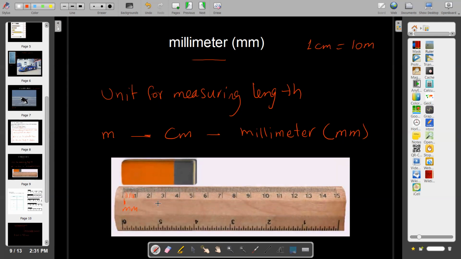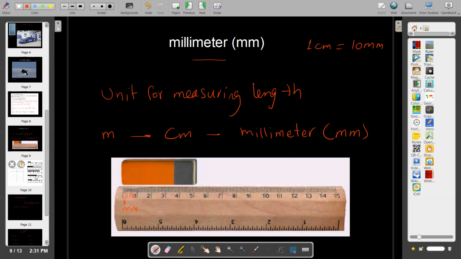There are numbers 1, 2, 3. This is called centimeter. 1 centimeter has 10 millimeters. If we count here 0, 1, 2, 3, 4, 5, 6, 7, 8, 9, 10. So 1 centimeter equals 10 millimeters. We should write mm, not just m, because m means meter.